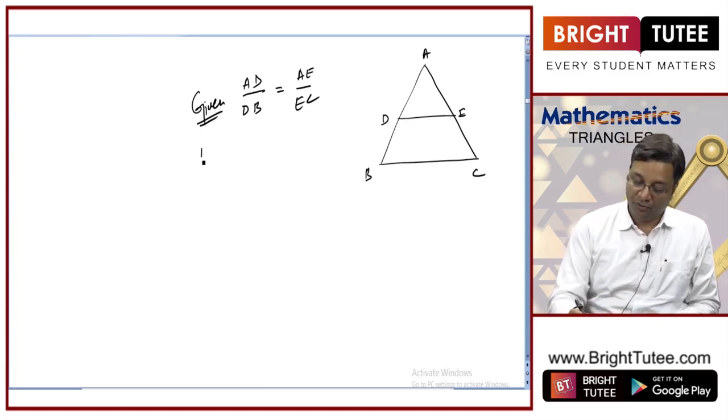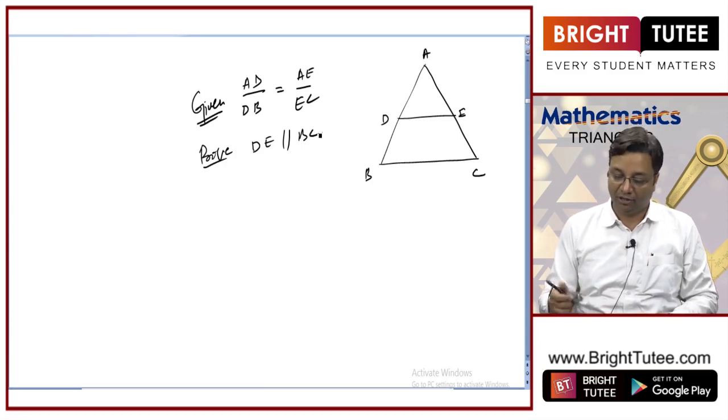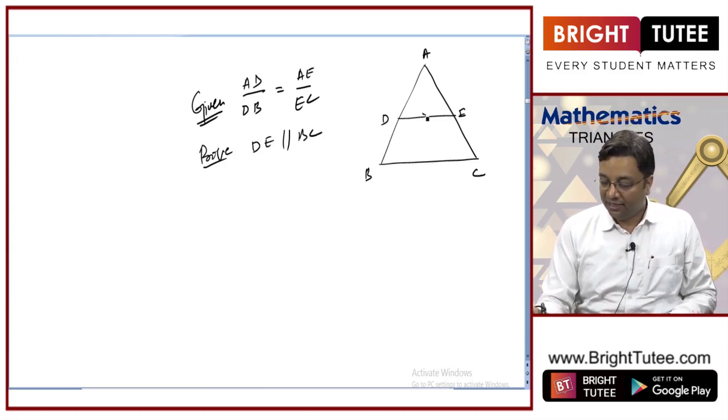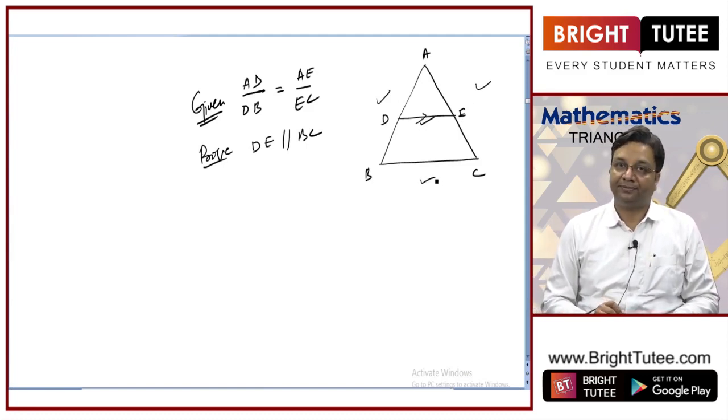Now, we need to prove that DE is parallel to BC. So, this is converse of BPT, basic proportionality theorem, that if there is a line which divides the two sides of a triangle in same ratio, that is AD by DB equal to AE by EC in this case, then this line will be parallel to the third side.